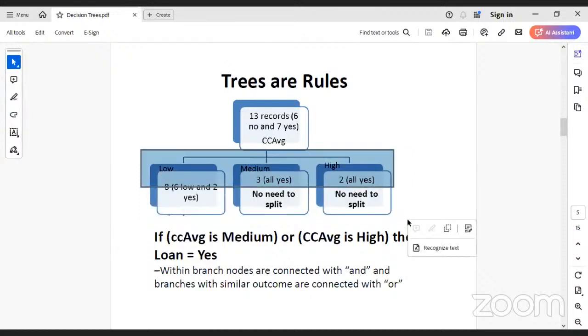So entropy at the beginning minus entropy after splitting, whatever amount we are left with, that is known as information gain.